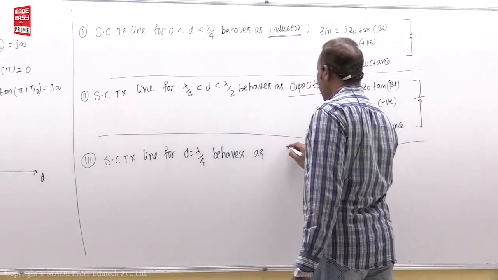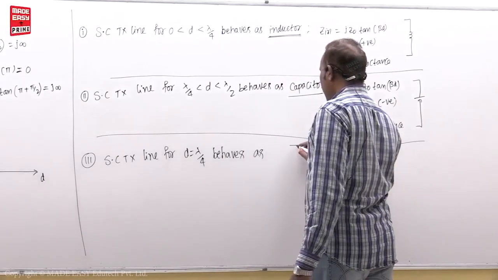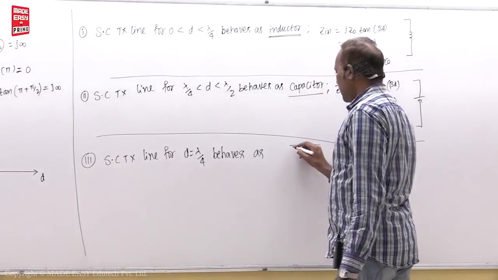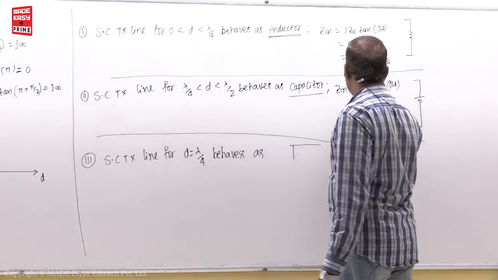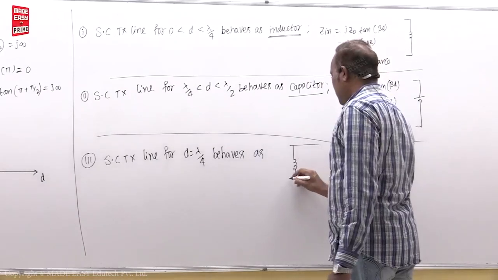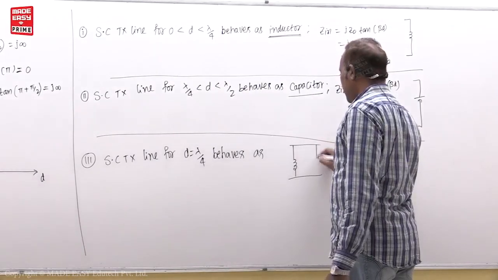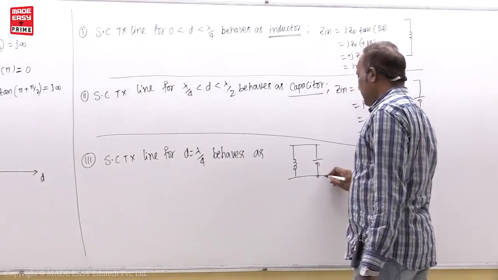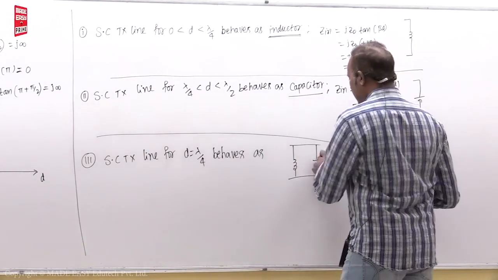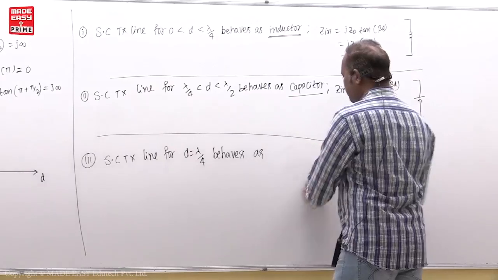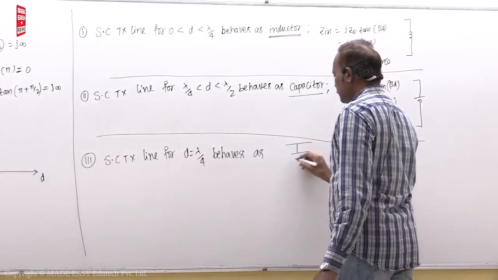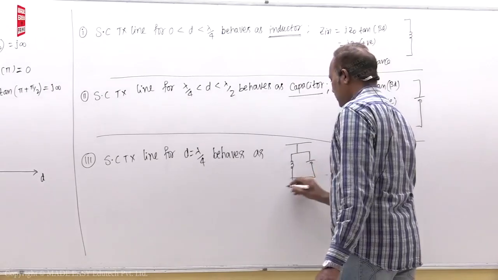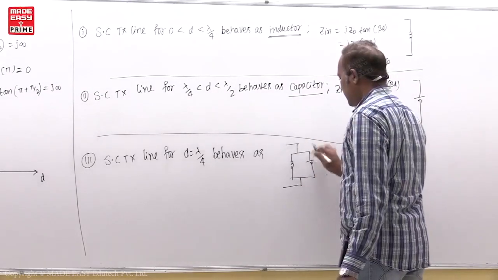The answer is actually a combination of these two: a parallel combination of inductor and capacitor. So this is the answer, students. Or otherwise you can write it like this also, a parallel combination.